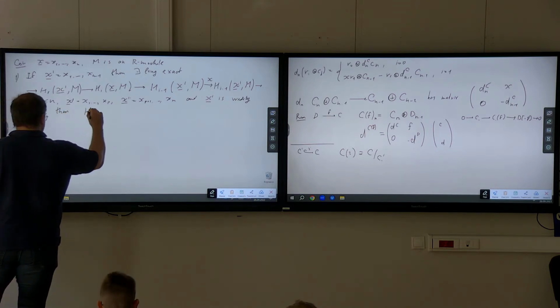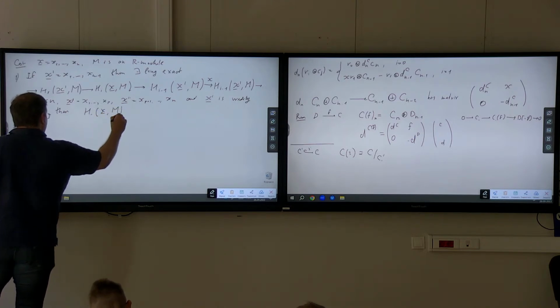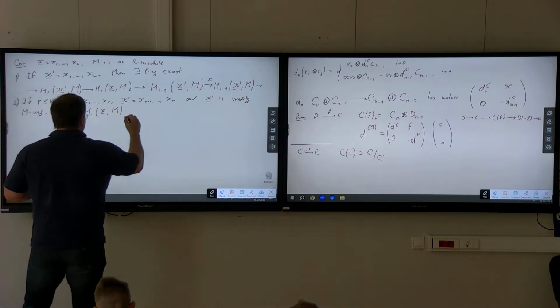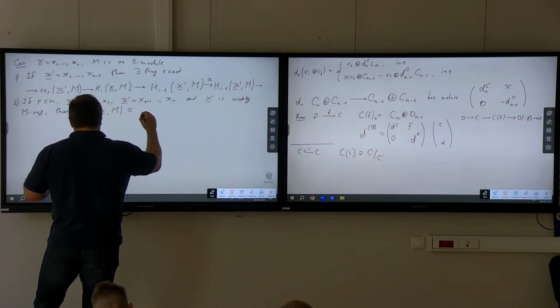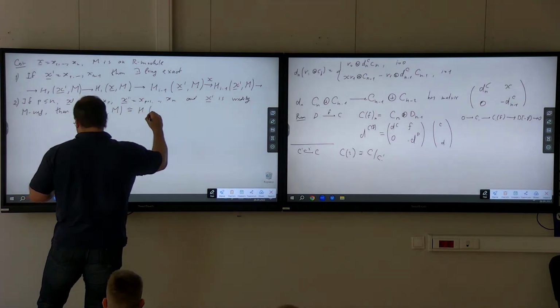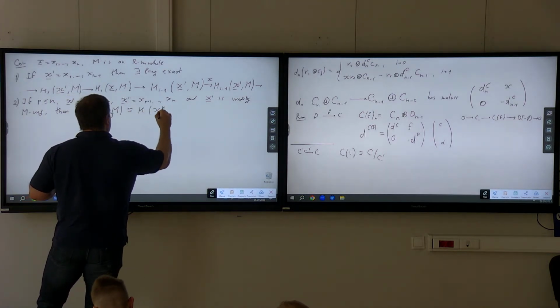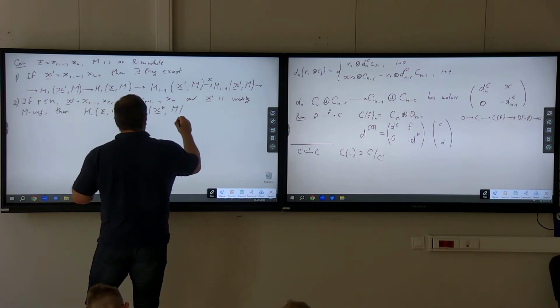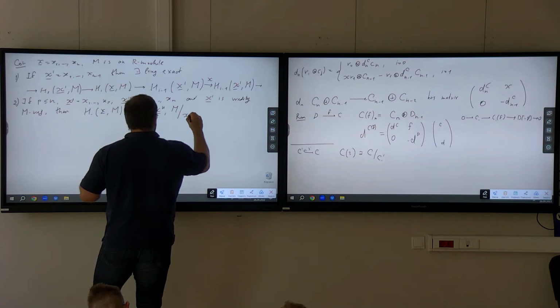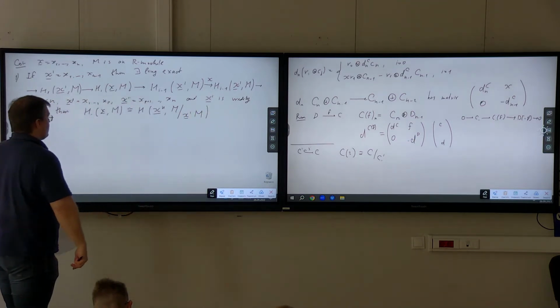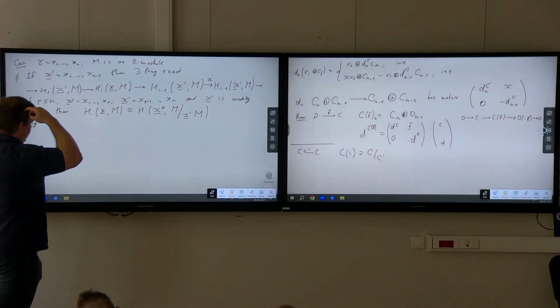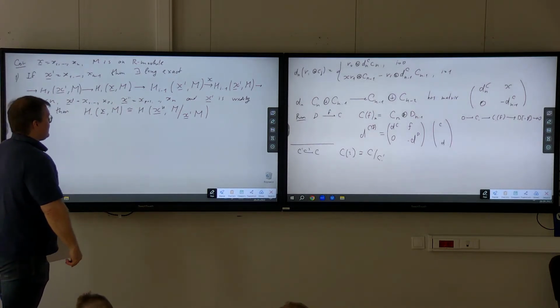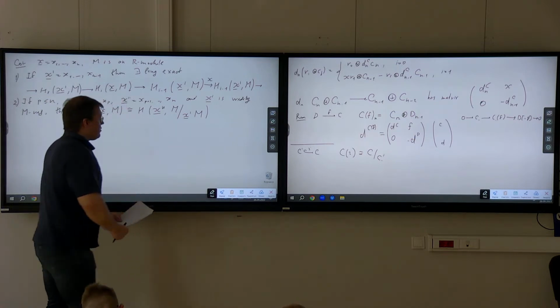We can compute Koszul homology for the sequence x and module M, and this will be isomorphic to the Koszul homology for this truncated sequence x double prime, and the module is the quotient of M by the submodule x prime M. Well, this is a little bit of formal notation, but I hope this is clear.